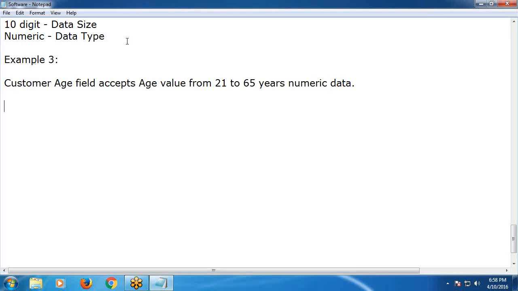Observe, customer age 21 to 65 years. What is this one, Rahman? This one is range.